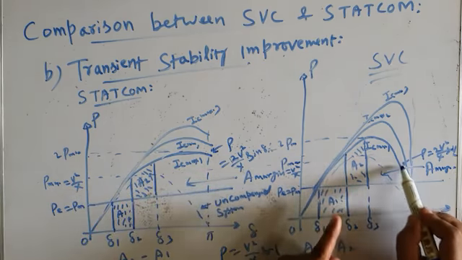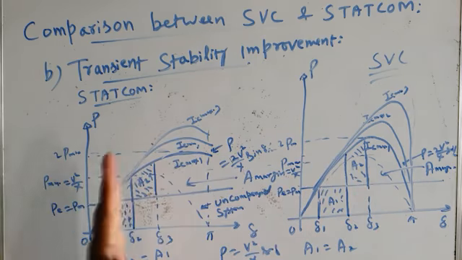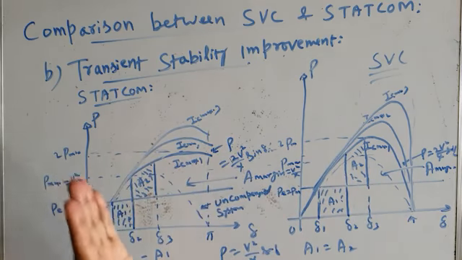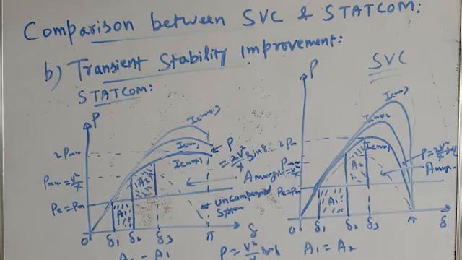It is because STATCOM maintains the reactive current constant, independent of the voltage, so it provides better compensation. That's why the improvement in transient stability is better in STATCOM than SVC. Both are shunt compensators, both improve the transient stability of the system, but the improvement in transient stability by STATCOM is higher than by SVC.